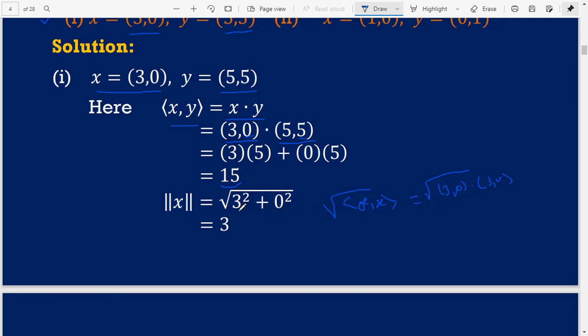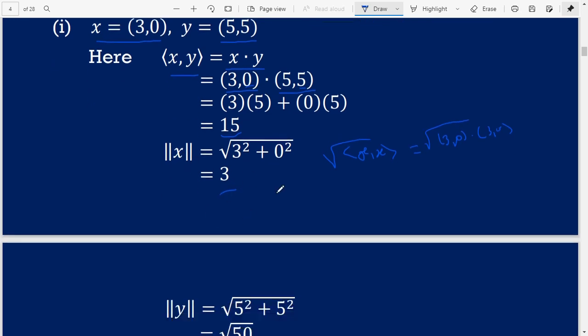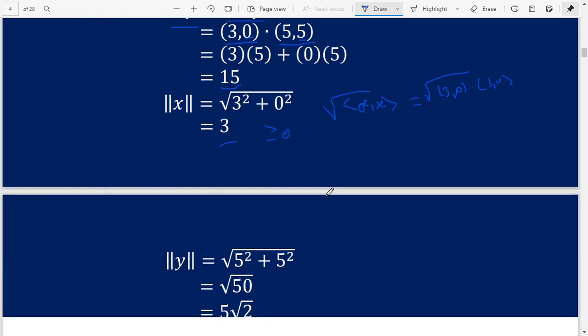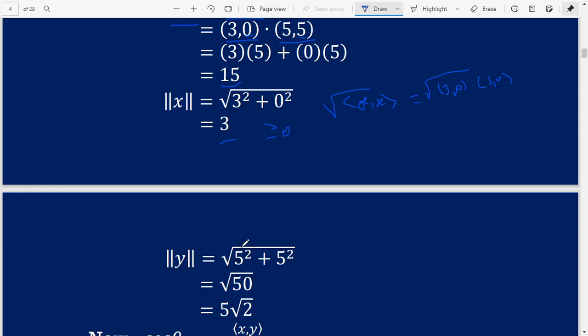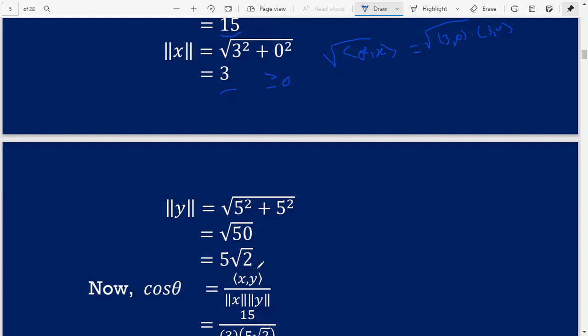So the square root of 3 square is equal to 3, because norm is always greater than or equal to 0. And norm y is equal to the square root of 5 square plus 5 square. So 25 plus 25 is equal to 50. So the square root of 50 is equal to 5 root 2.